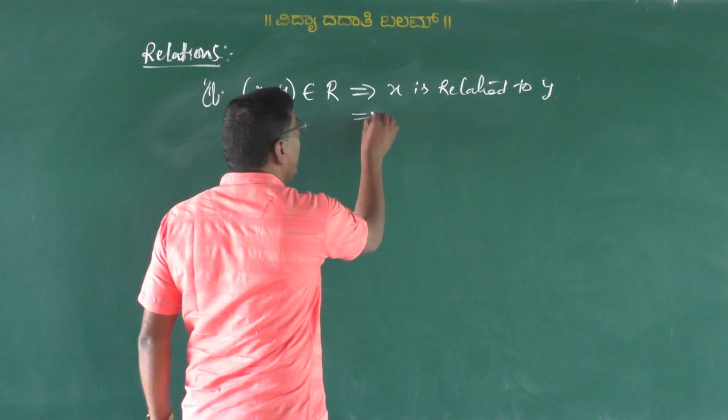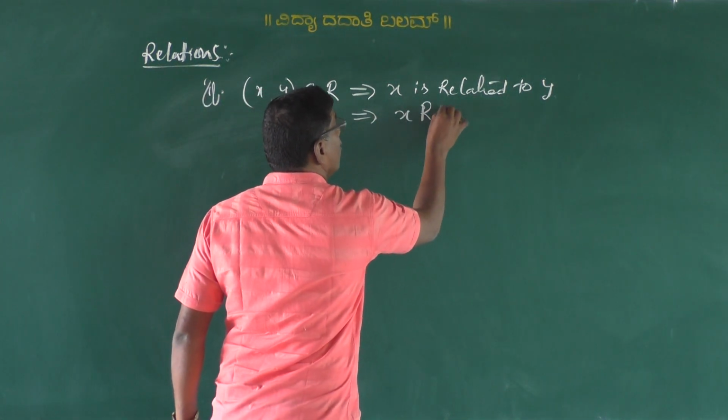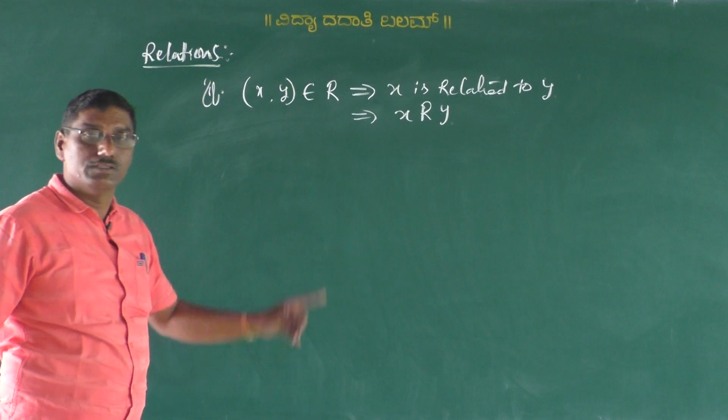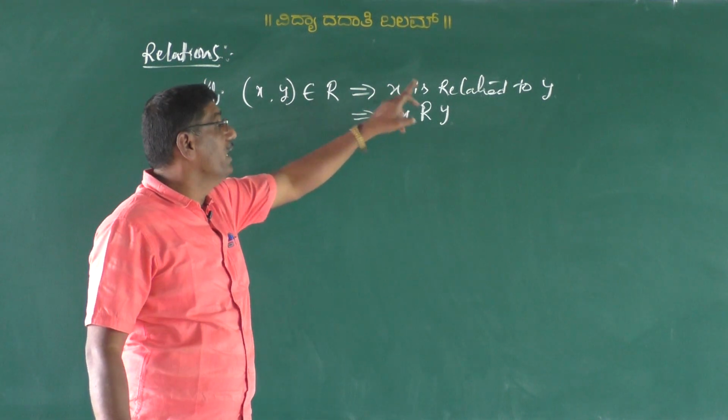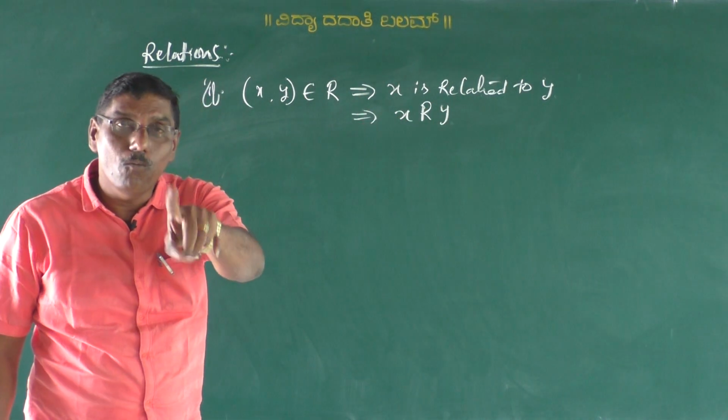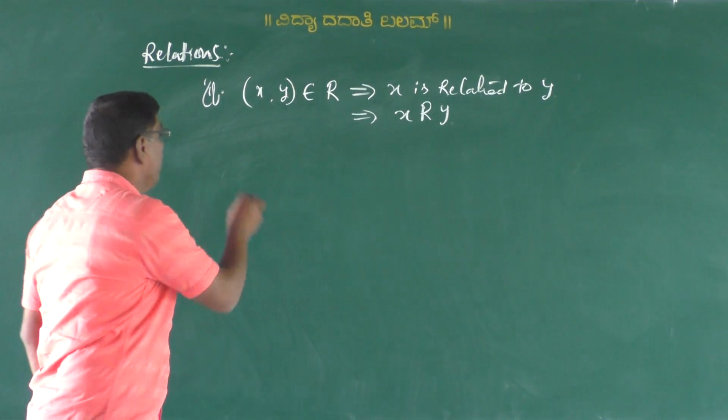Symbolically we can write x R y. That means x is related to what? y.